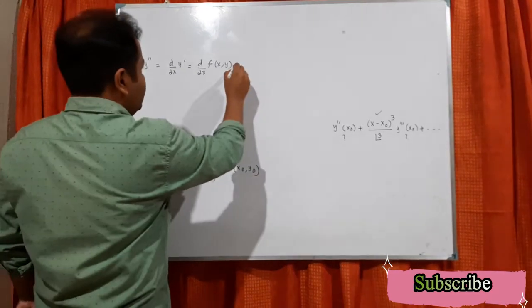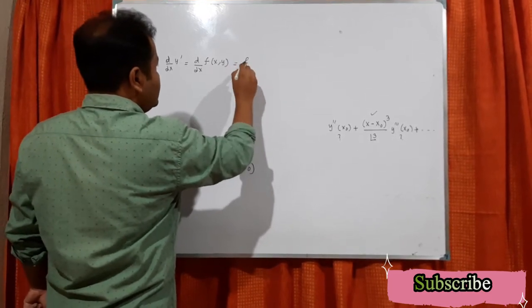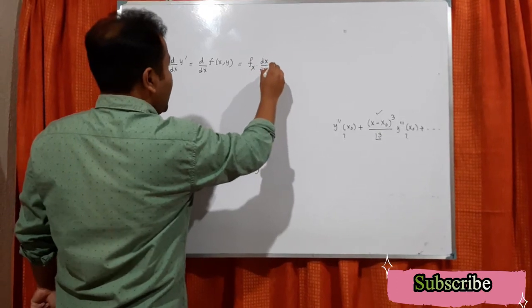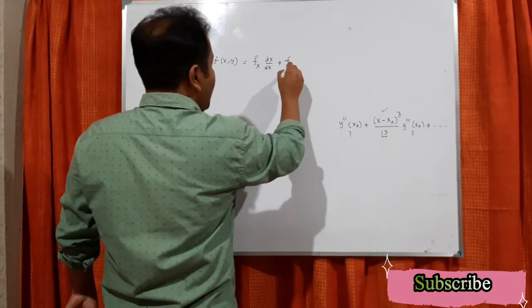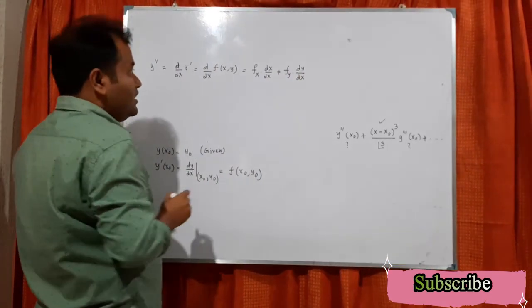From the chain rule, we get f_x into dx dx plus f_y into dy dx.